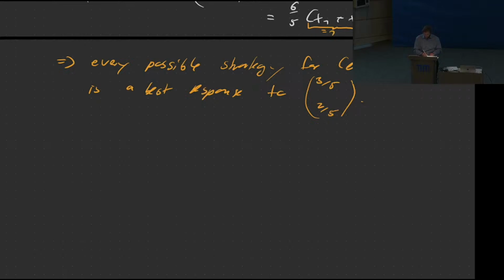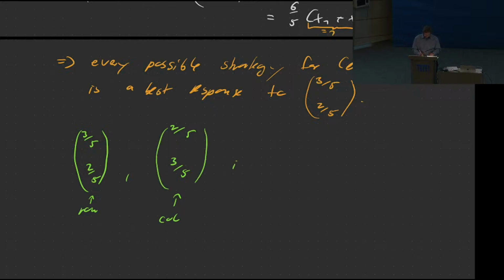Let's start with a row player, maybe 3/5, 2/5 for row, and 2/5, 3/5 for column, is then a Nash equilibrium.